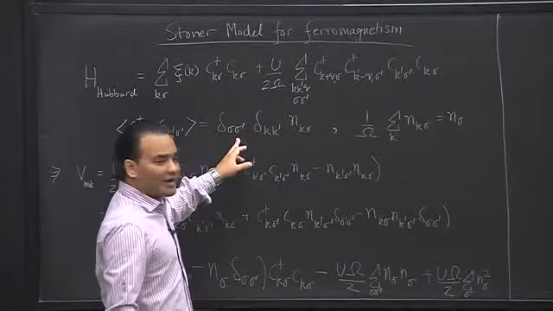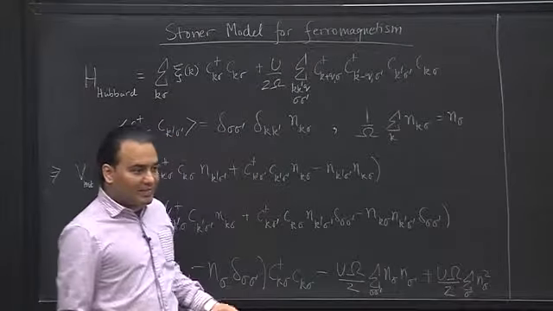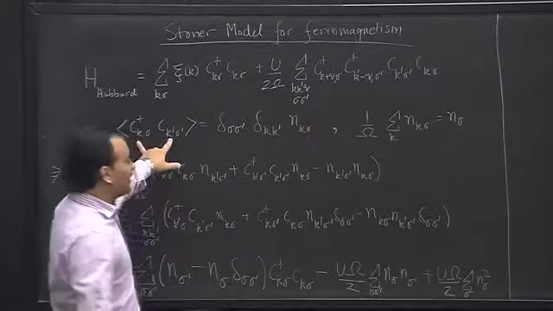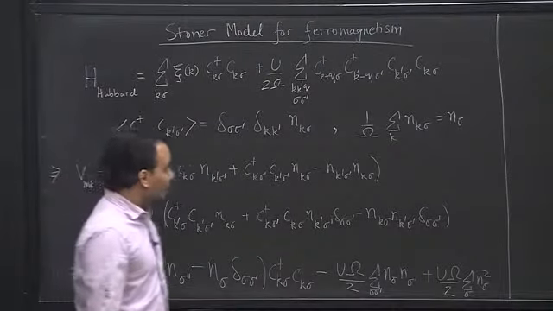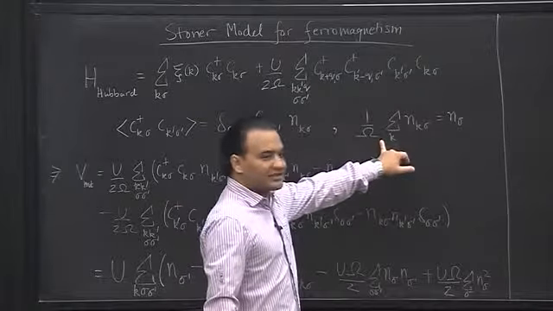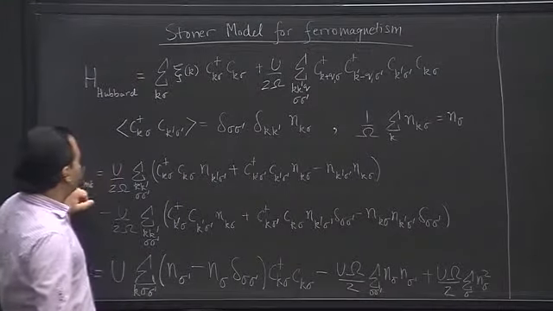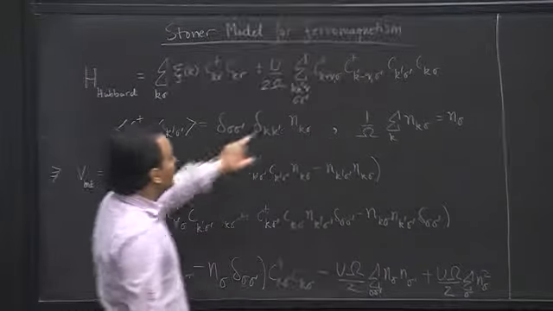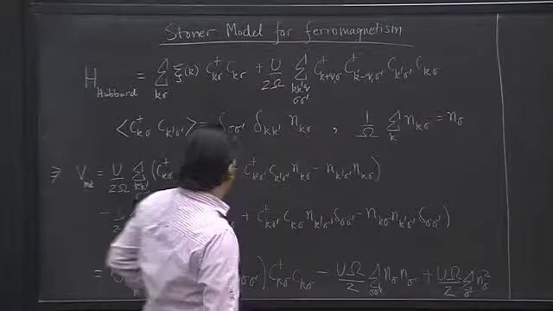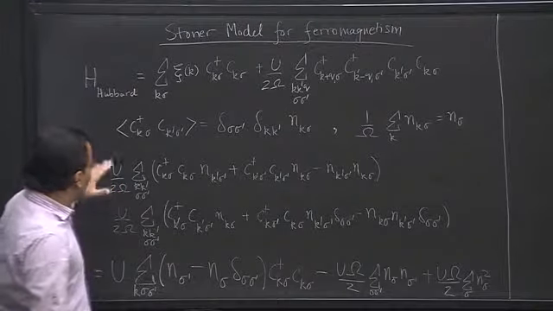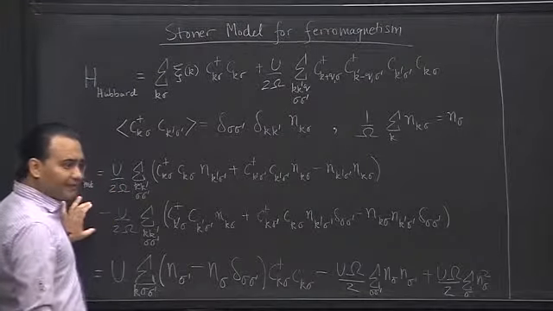And if you destroy a particle with some spin, you should create it with the same spin to have a non-zero expectation value. We use this definition and put it back in the Hamiltonian, and if we go through all the steps of mean field theory, the interaction term can be written like this.